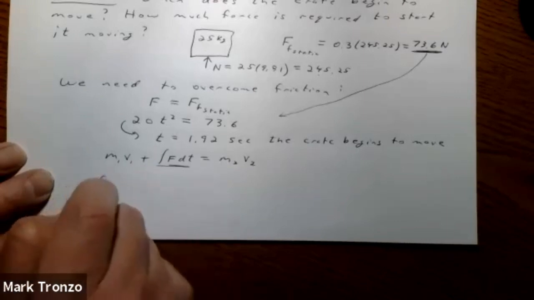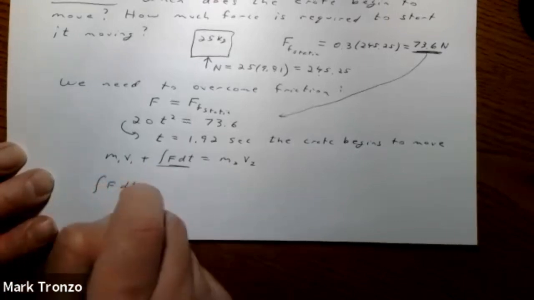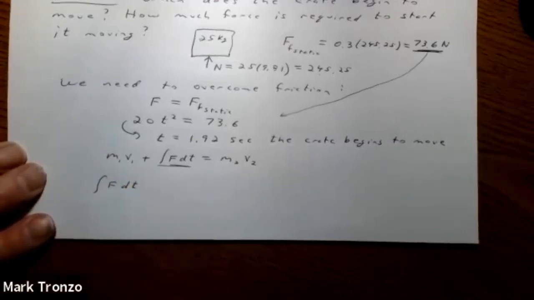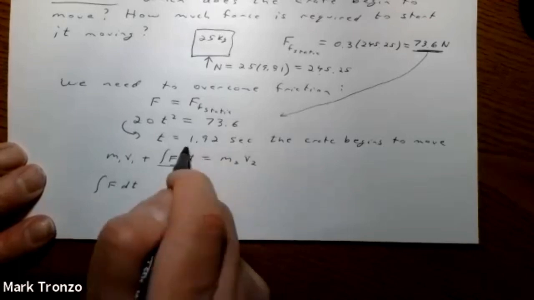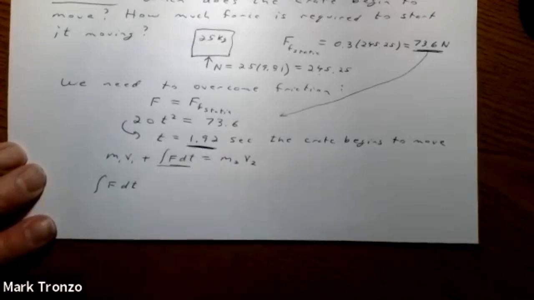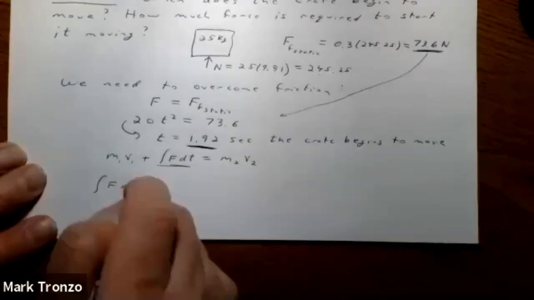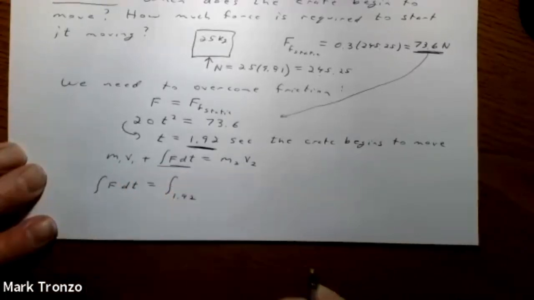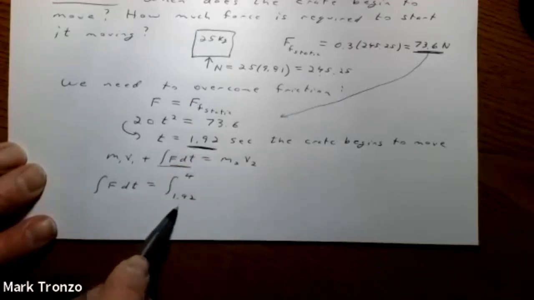There's going to be the integral of F dt. We want to know what's going to happen after 4 seconds, but we know the crate doesn't begin to move until 1.92 seconds. So we integrate from 1.92 up to 4 seconds, again because it's not moving until it gets to 1.92 seconds.